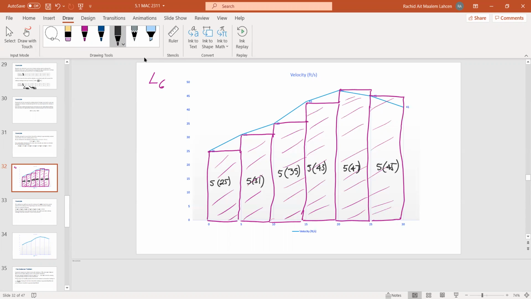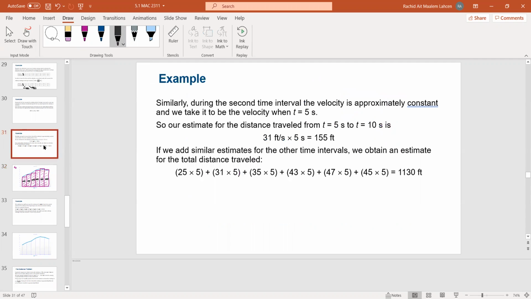These are the areas, length times width, and we add all of them. That's how they came up with this one, and you do the sum, you get 1130.